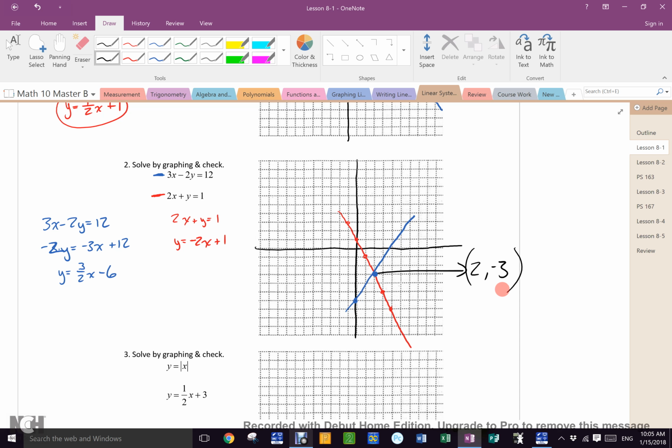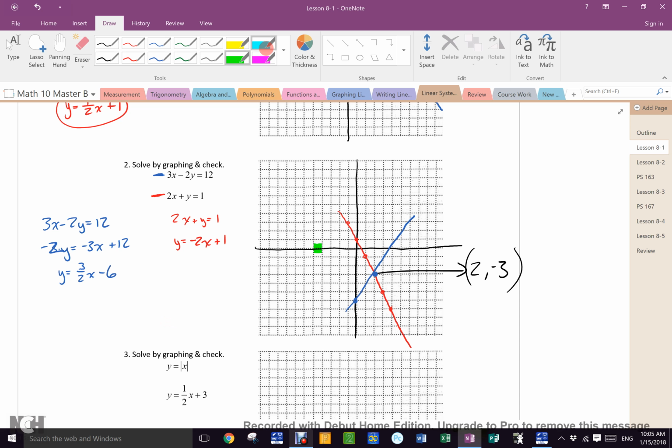The lines might cross at gigantic numbers. What else? How many values exist between there and there for x? Infinite.